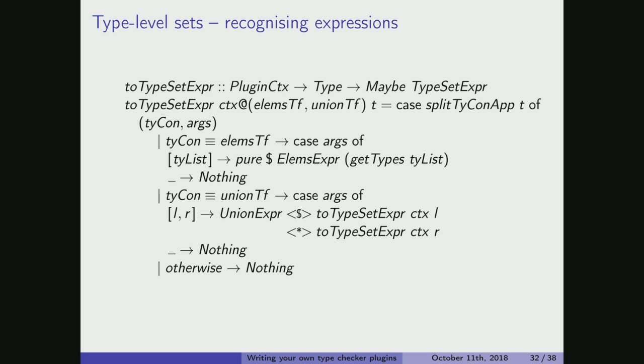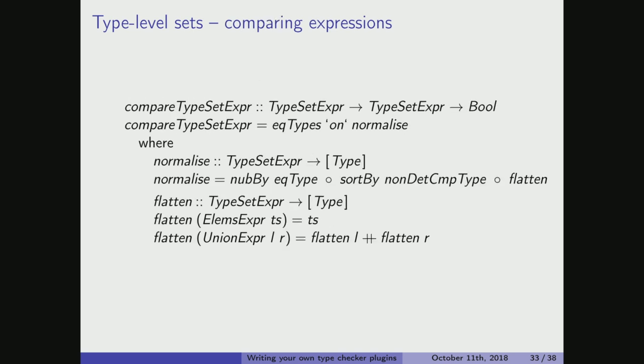If we do this, then we can write this quite boring function that recognizes a type. It's just a bunch of pattern matching and fishing out the bits that you care about. You spend more time reading what functions to call from the GHC API rather than thinking about writing this, so it's really straightforward code. Now this is the bit that's interesting, the decision procedure that you apply to the expressions you're left with after throwing away all the stuff that you don't care about.